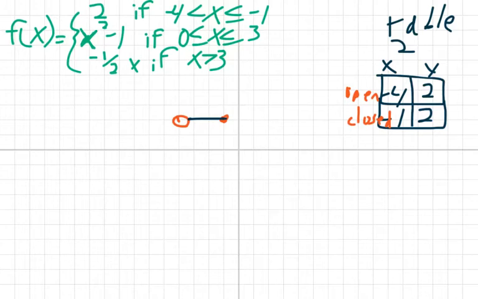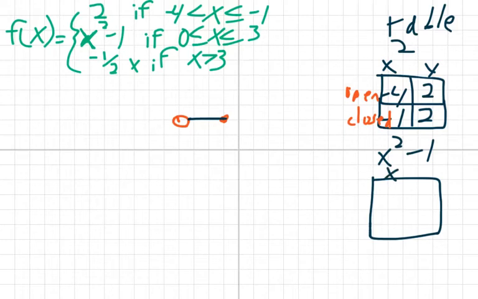Alright, our second table, our x squared minus 1, we have a quadratic. And on this quadratic, we're going to plug in 0 and 3, because that's what x can be between, 0 and 3. They're both closed because of the equal sign.